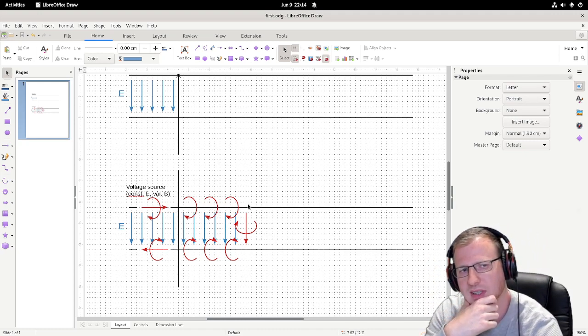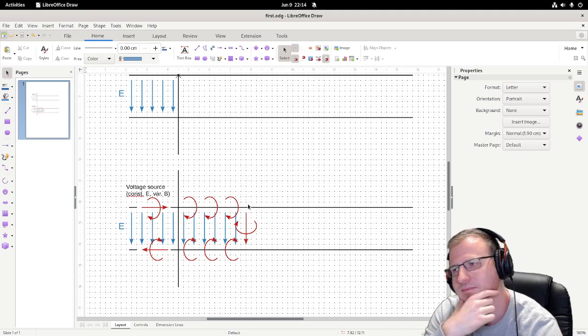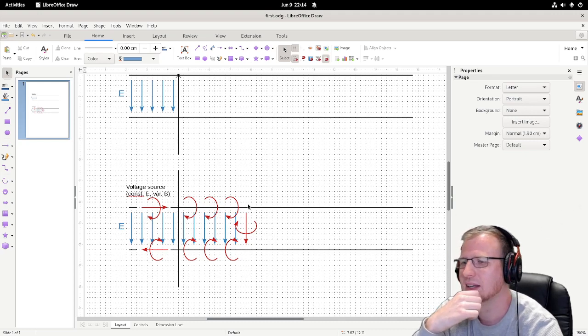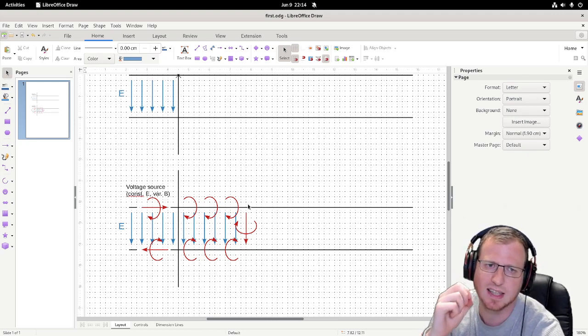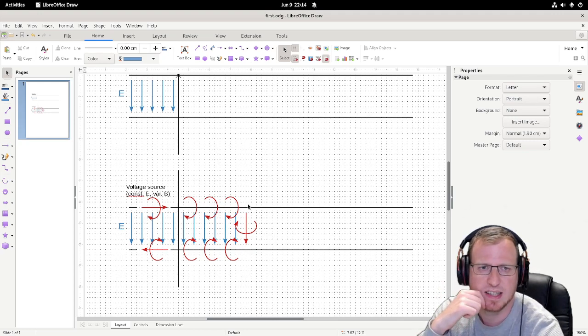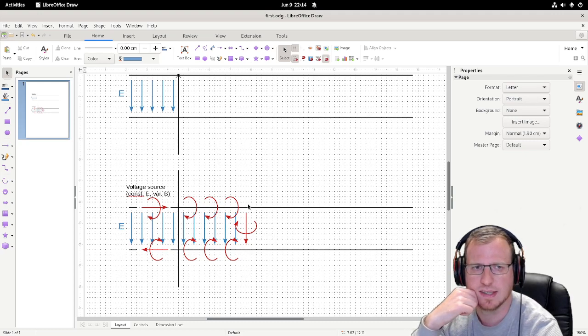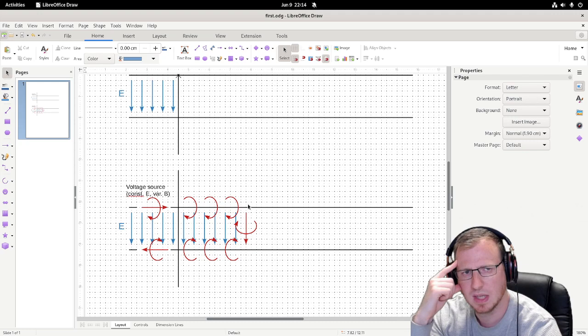If there is a change in the electric field, then this can be seen as a current, and this current is dependent on the material it is flowing through.